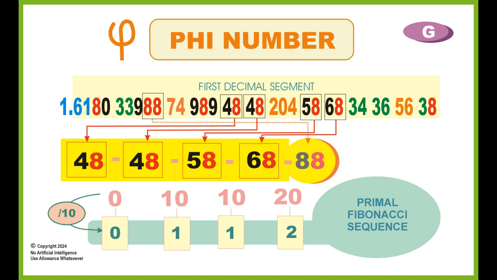The evidence is in the particular embedded Fibonacci sequence within the phi number, that is, 48, 48, 58, 68, and 88. The eponymous primal Fibonacci sequence has an offset of two initial numbers, without which there can be no sequence or spiral. Those two numbers are the initial 0 and 1.